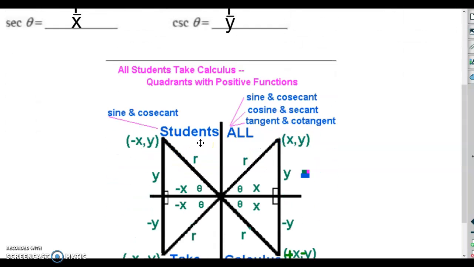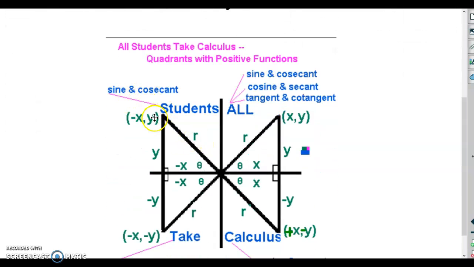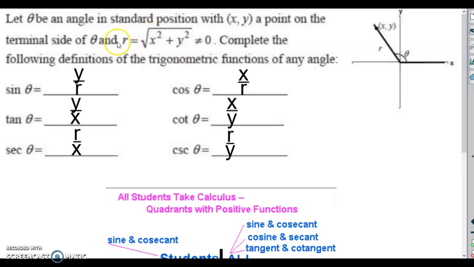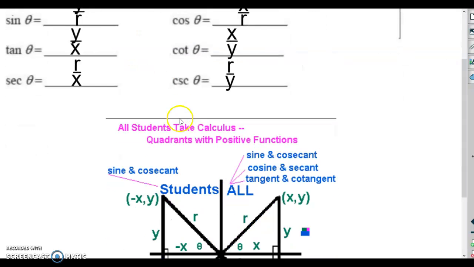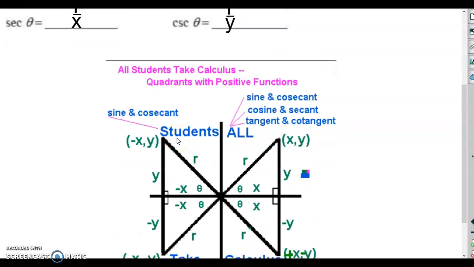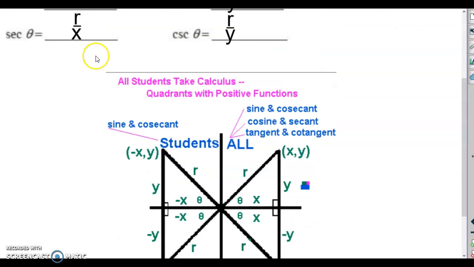And the y is positive in quadrant 2, so sine and cosecant are positive in quadrant 2. I should mention that the r value, when you find it, the hypotenuse, is always going to be positive regardless of what quadrant you're in, because you can't take the square root and end up with a negative answer. That's impossible. So the r value will always stay positive in all of these ratios.